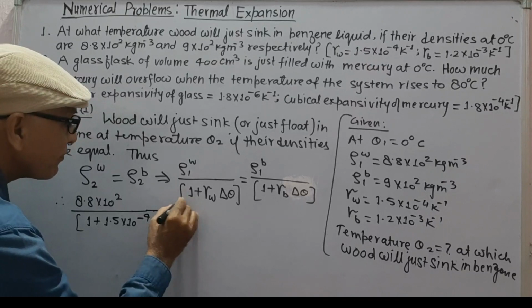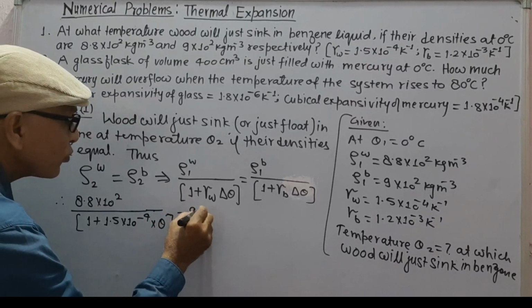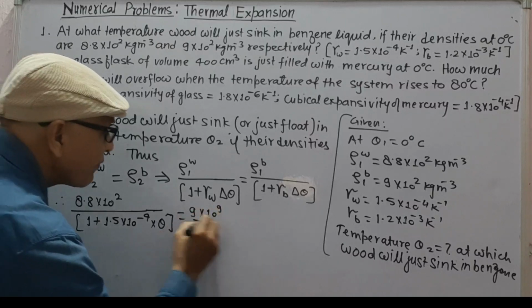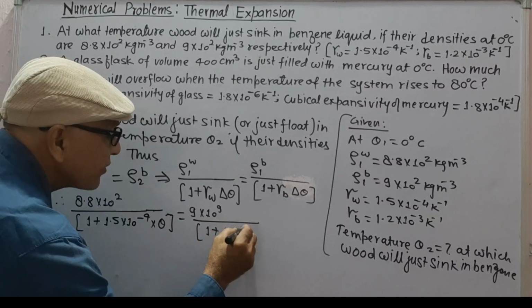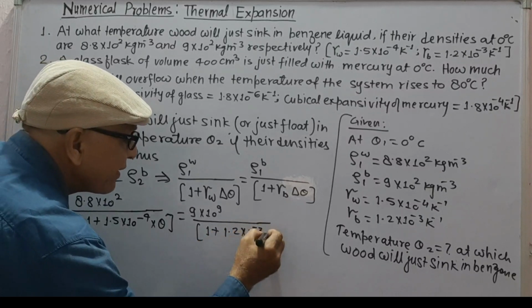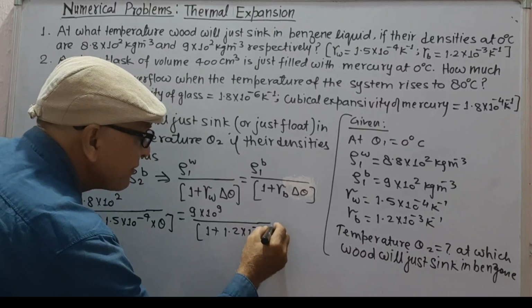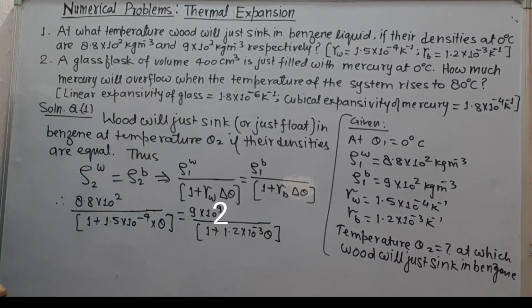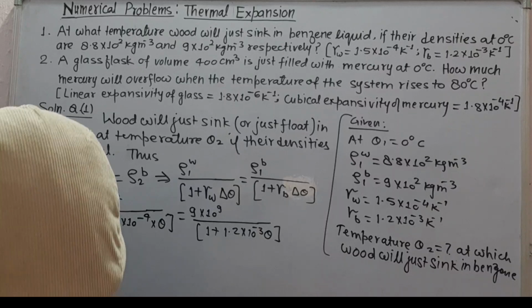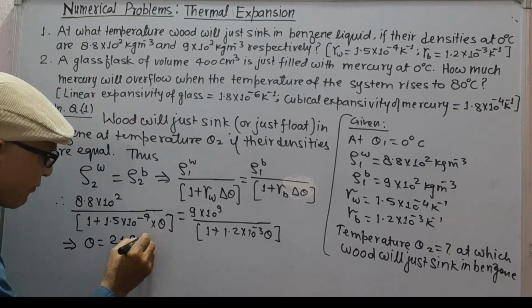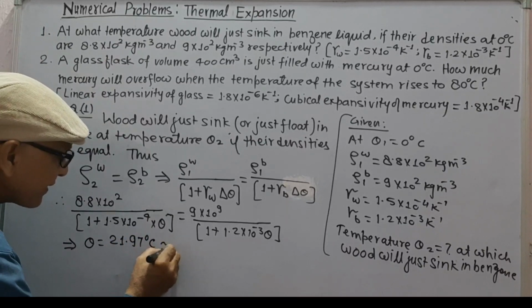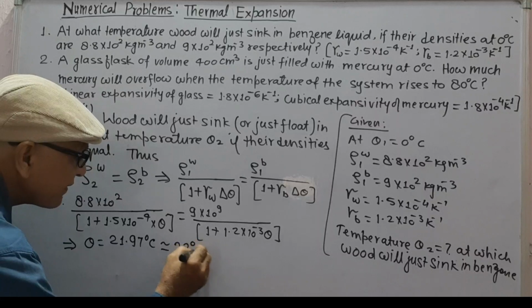This will be equal to 9 into 10 to power 2 upon (1 plus 1.2 into 10 to minus 3 into theta). Theta minus 0 means theta. On solving, it gives theta as 21.97 degree Celsius, which is nearly 22 degree Celsius.